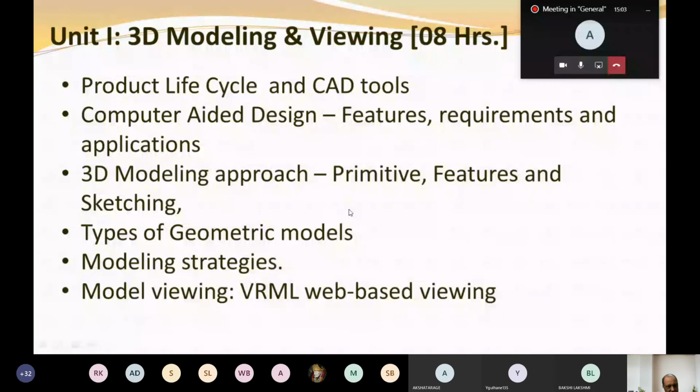So for example, have you heard about the pager? Before mobile it was a pager. On that pager you would get a message, that means only an SMS facility was available. Nowadays we get an SMS or WhatsApp message on our mobiles. Before that there was a small device on which we could receive messages.